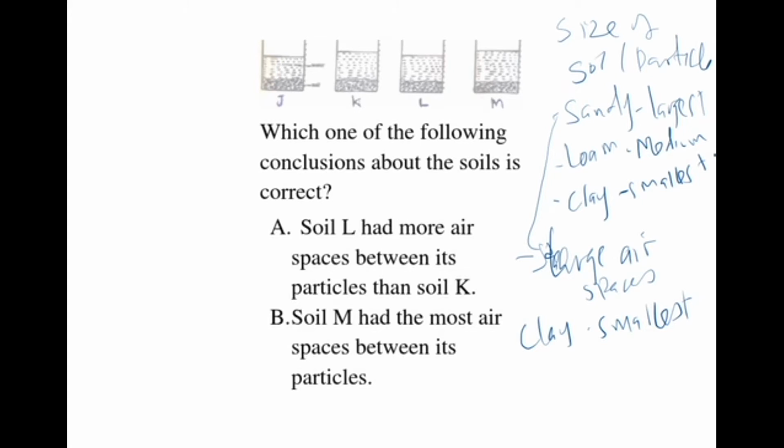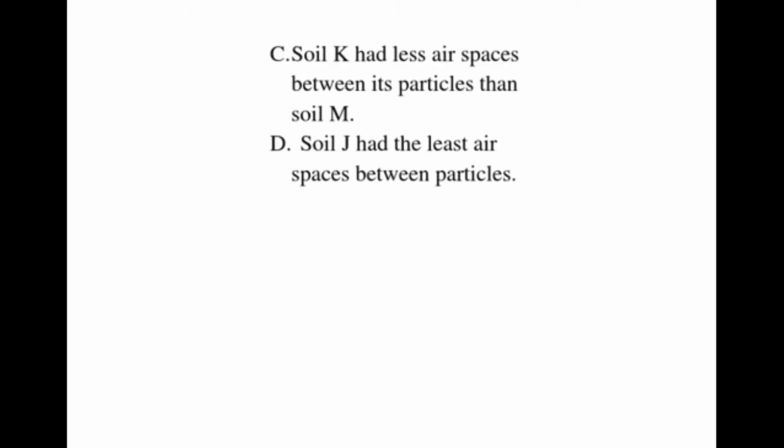Looking at B, soil M had the most air spaces. That is wrong, since when you look at the level of water, it means that it had very small air spaces in it. Soil K had less air spaces in between the particles than M.